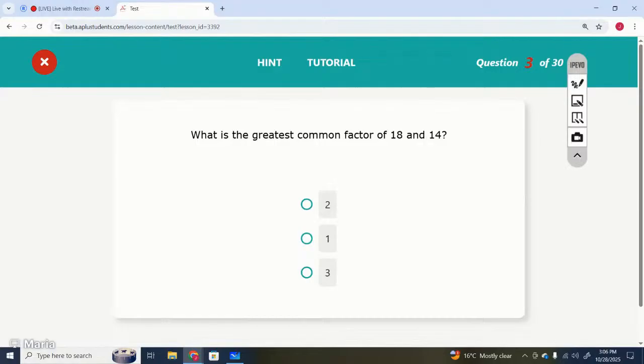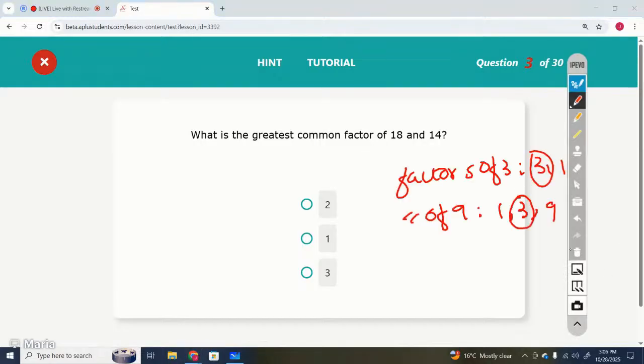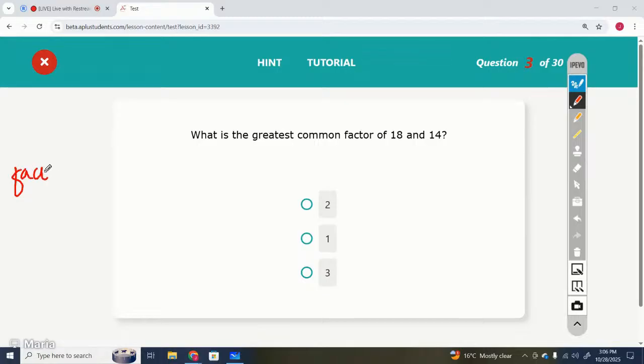What is the greatest common factor of 14 and 18? The factors of 18 are 1 times 18 is 18, 2 times 9 is 18, and 3 times 6 is 18.